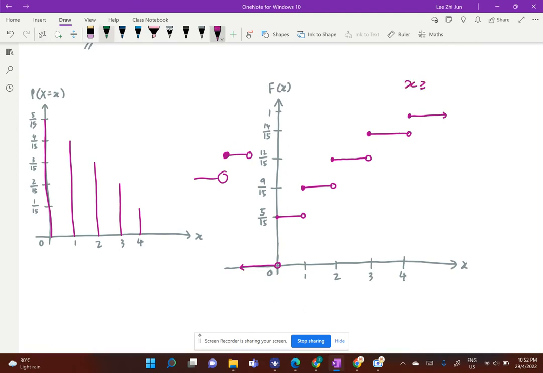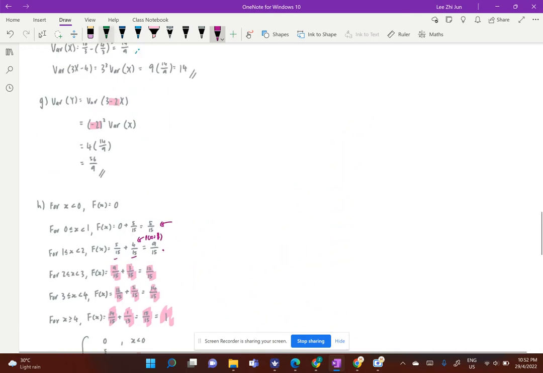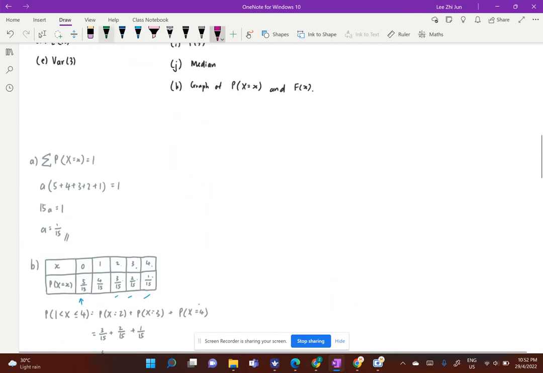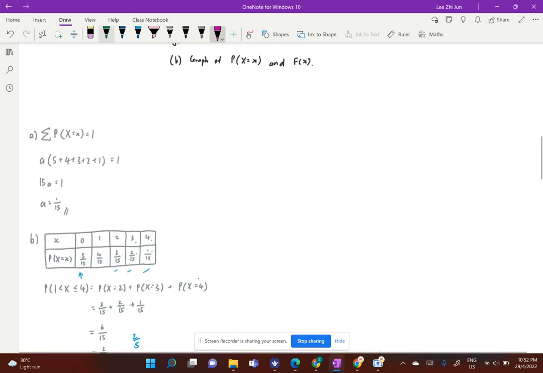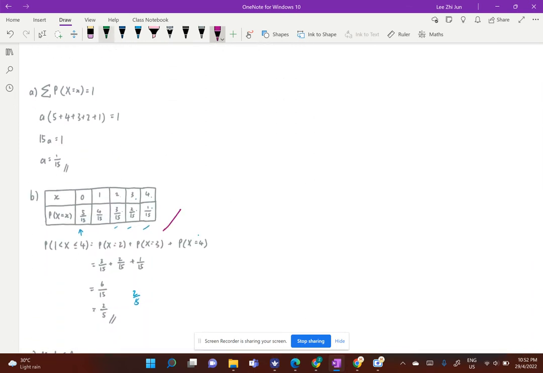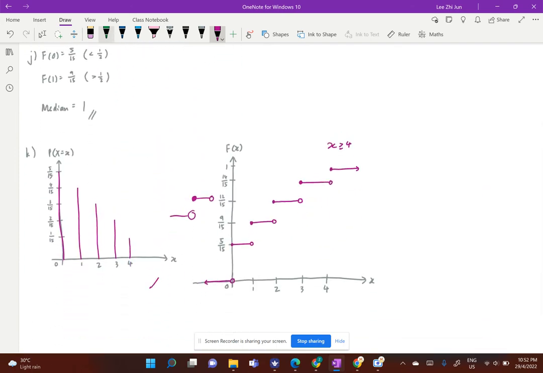This is for x larger than or equal to 4, so it will be 1. Just now I said the discrete random variable can be presented in the way of function, table, and lastly, graph.